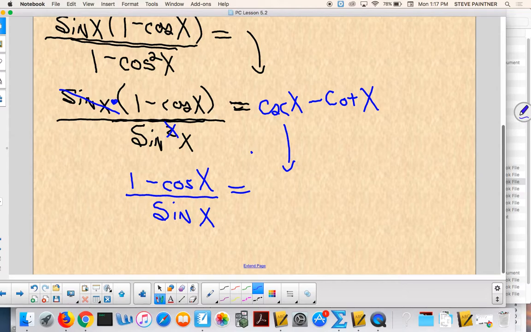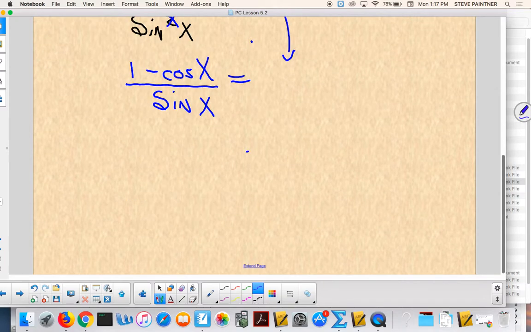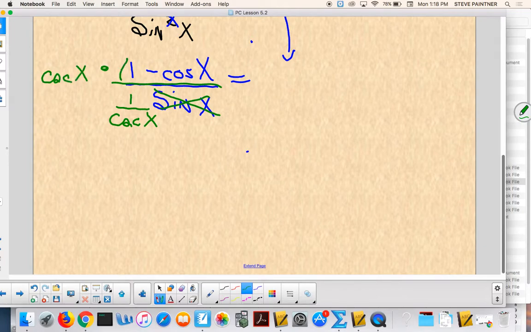He's doing this. You're basically telling them that this is really just 1 over cosecant. So he says 1 minus cosine is divided by this, which is the same as multiplying by the reciprocal. What's the reciprocal? Cosecant of x.